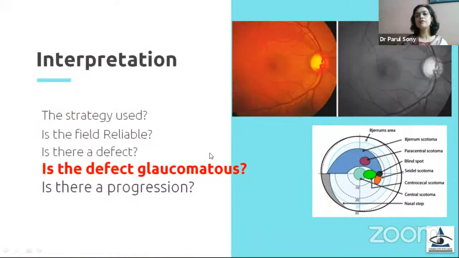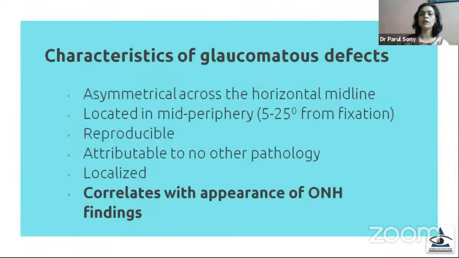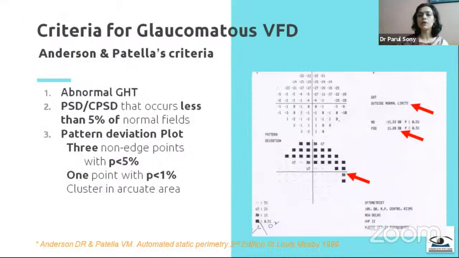So once we have detected that the patient has a field defect, we have to know whether it is glaucomatous or non-glaucomatous. Now, with glaucomatous field defects, a very important thing is that you always have to correlate them with the optic nerve head findings, and clinical correlation is very important. You can also use the Anderson-Patella classification to know the definition of a glaucomatous field defect.